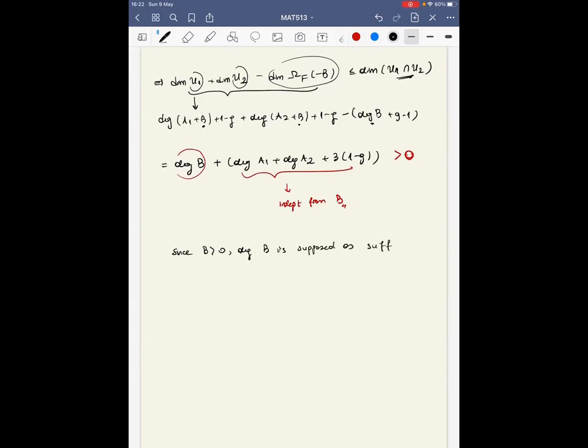So that means B is positive and the degree is supposed sufficiently large. We can see that the dimension of this intersection is strictly positive, so this is not a trivial space, and this completes the proof of the claim, and consequently our proof.